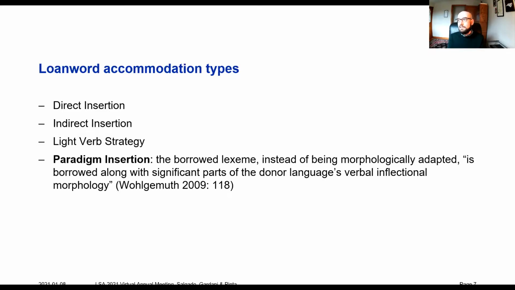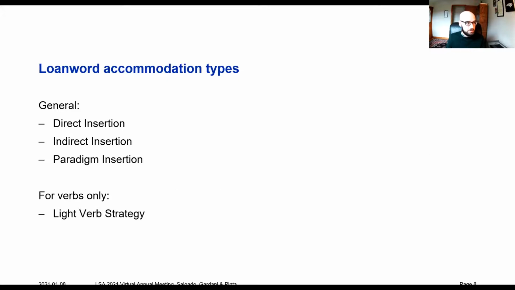This can only happen in situations of intense language contact, of widespread bilingualism in a community, because the verbal morphology that's borrowed into the recipient language is still semantically useful, semantically transparent there. So the speakers of the borrowing language have to have access to the semantic properties of this morphology, which is why you only see that in situations of intense language contact, and why it's the least common of these four strategies, or types rather.